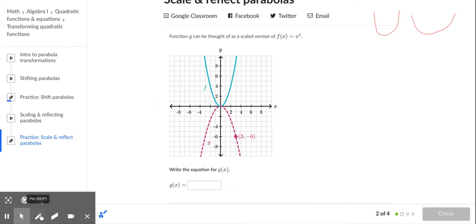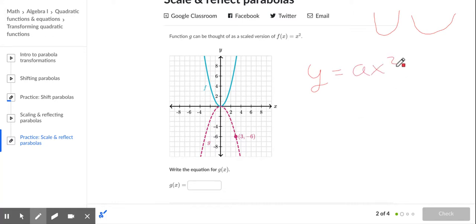So probably the easiest way to do this is to write out an equation y equals ax squared. So there's some unknown a here. We don't know what it is, but we do have an xy pair. So x is 3 and y is -6. So I can plug in -6 for y, and I can plug in 3 for x, and then I can solve for a.